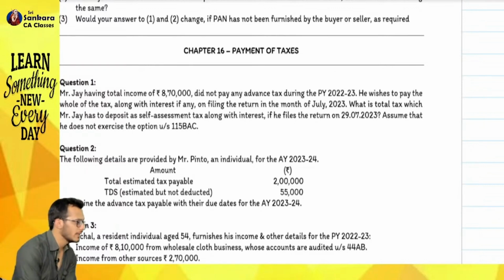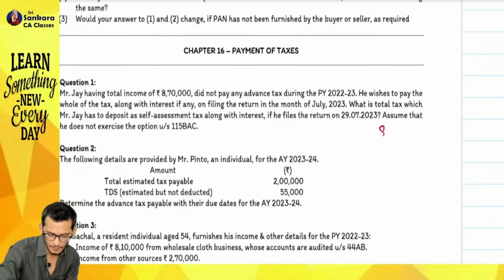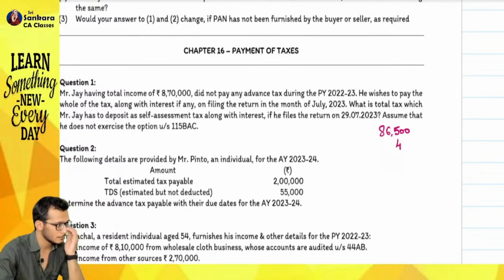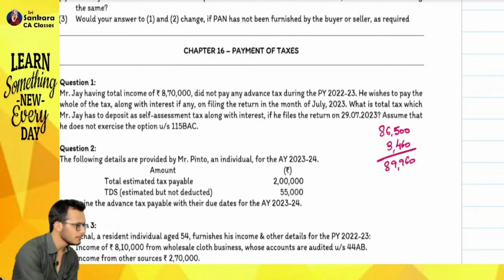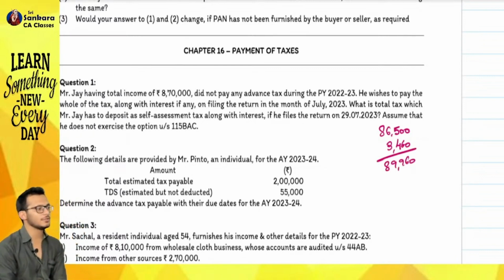Add 12,500 on that. Number is 86,500. 4% cess is what? 3,460. 89,960 is the total tax which you are required to pay.